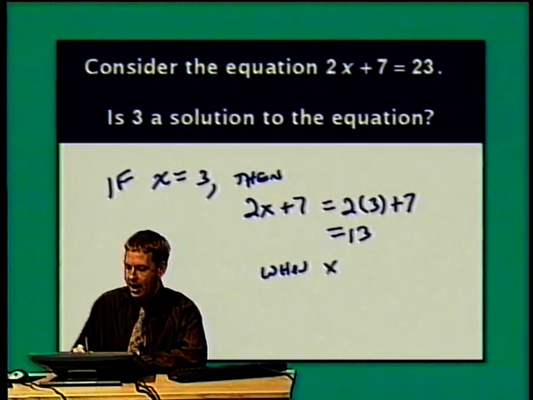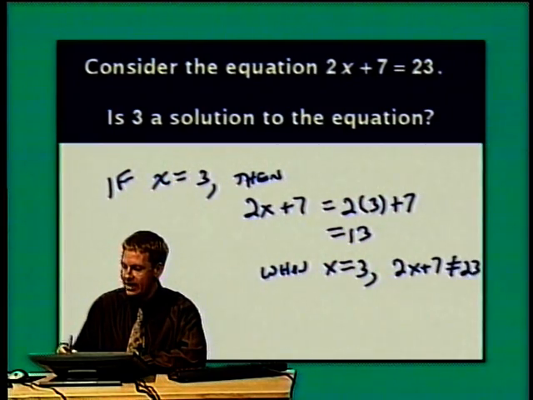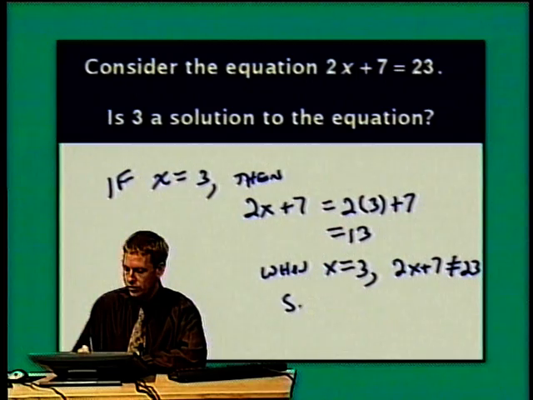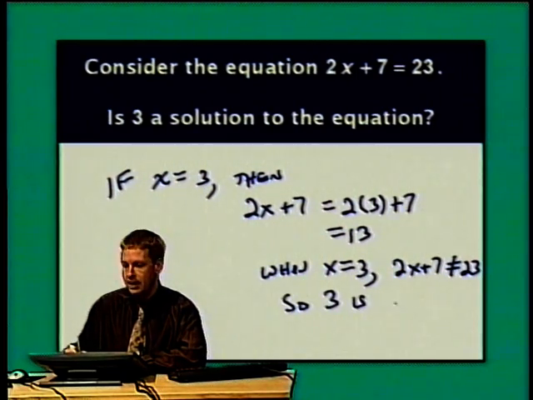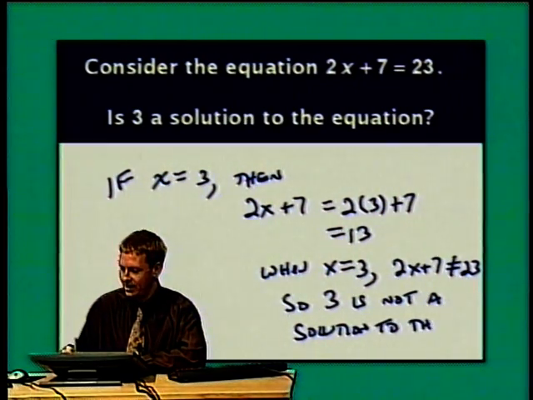When x equals 3, 2x plus 7 does not equal 23. So 3 is not a solution to the equation.